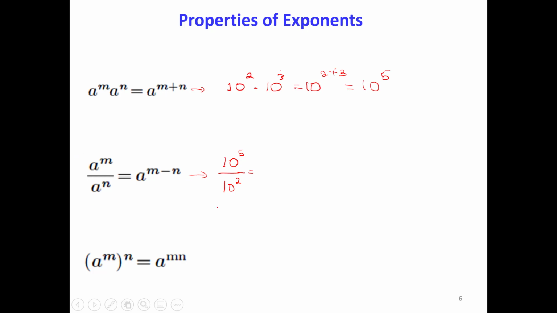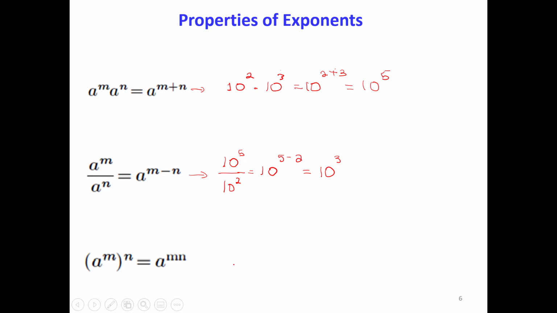For the division of powers, what we have to do is subtract the exponents. And it's 10 to the third power. And if we need to solve this, 10 to the third power is 1000.